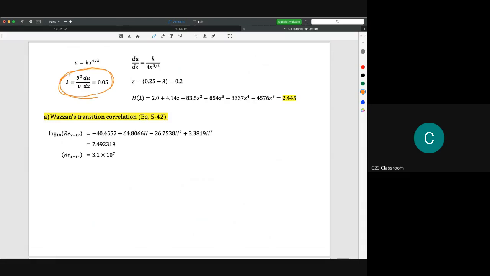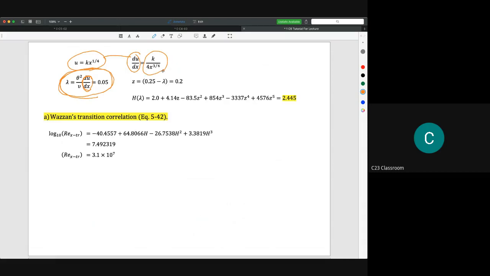So you just need to remember that lambda is equal to theta squared over nu times du dx. And then du dx here, how to get this one is, we know that u is equal to kx to the power of 1 over 4. And then we could have du dx from this term. So we get it is equal to k over 4 x to the power of 3 over 4.